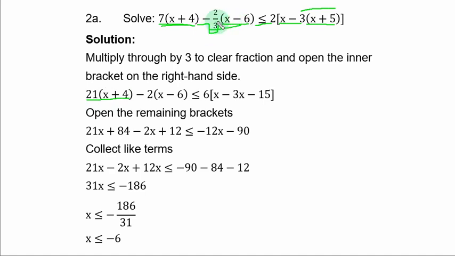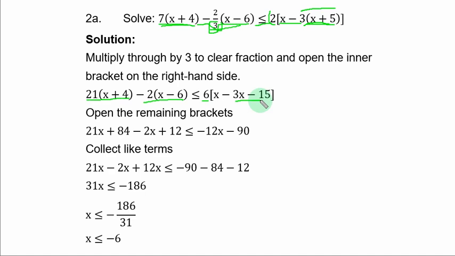That 3 will remove this 3 from here. So you have minus 2(s - 6) less than or equal to, multiply this 2 by 3, it becomes 6. If you open this bracket now, you have minus 3s minus 15. That is what you have here.